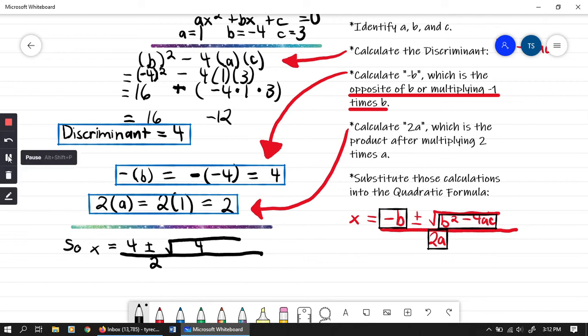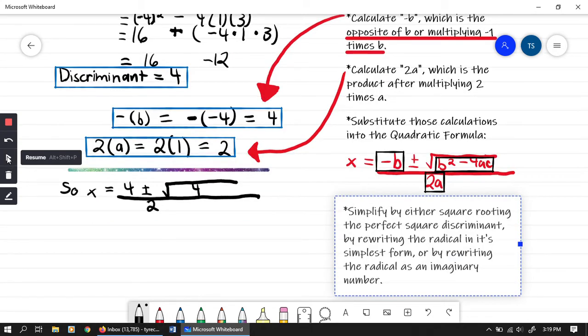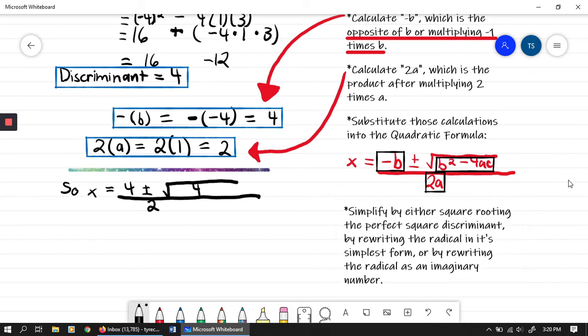But in this case, we're going to take the square root of that perfect square discriminant, 4. When we do that, we have 4 plus or minus, and the square root of 4 is 2, so we've got 4 plus or minus 2 all over 2.